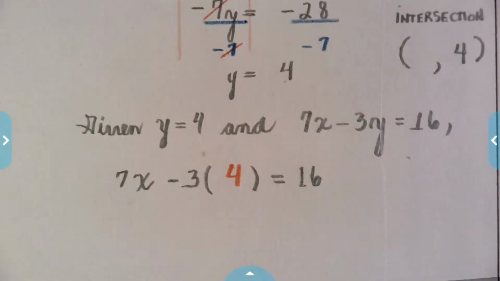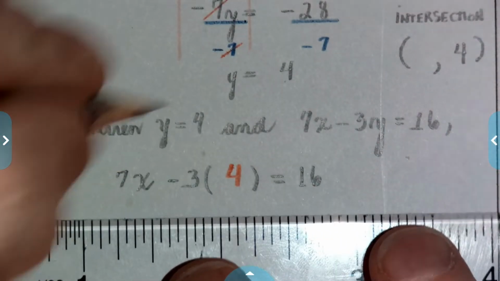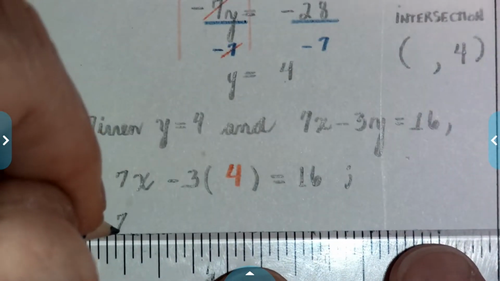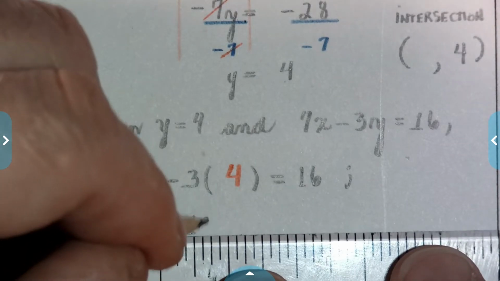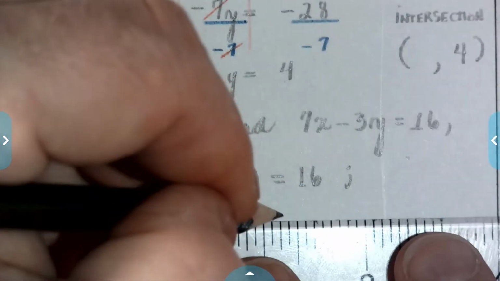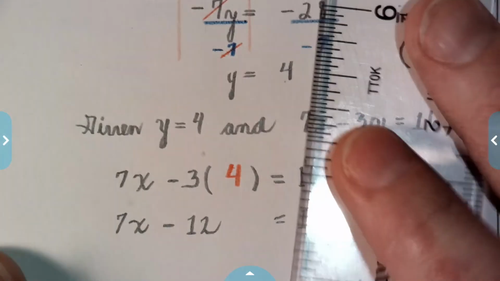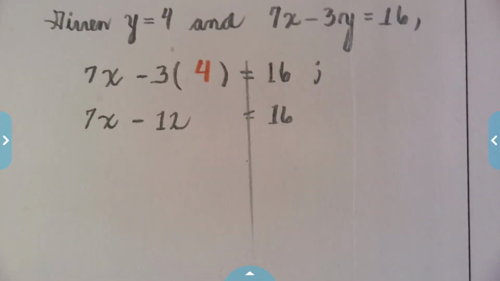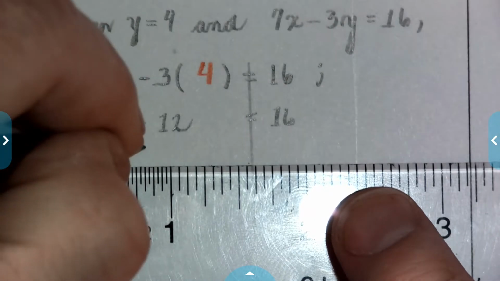All right. So now let's work it out. The next line would be 7x minus 12 equals 16. And now we're trying to isolate that x variable, so we would just add 12 to both sides.